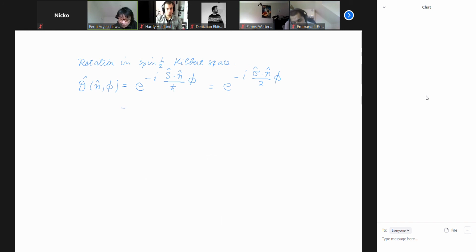So that then gives us 1 minus, sigma dot n squared, I'm looking at the even terms. And then I look at the odd terms.